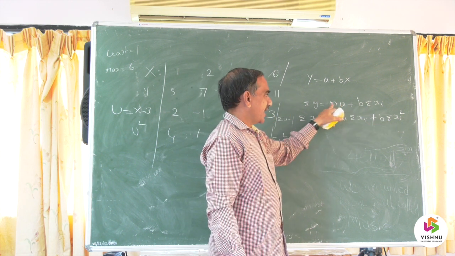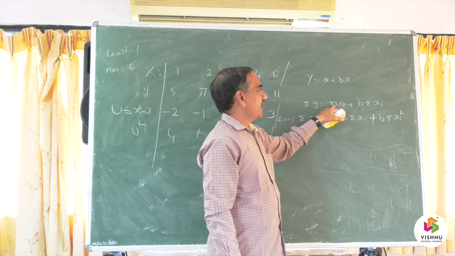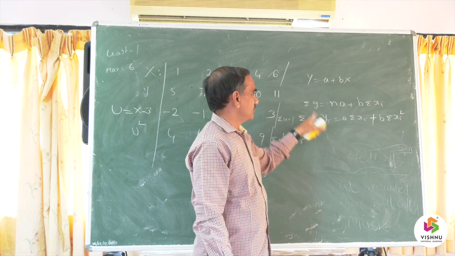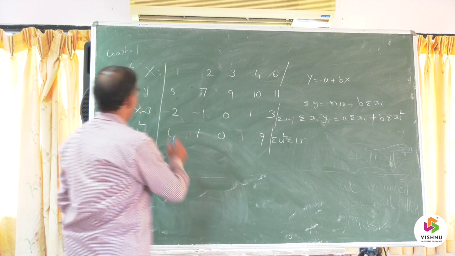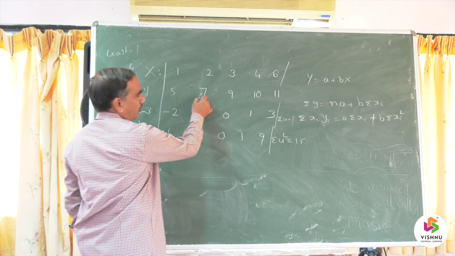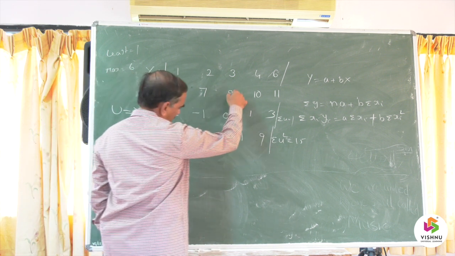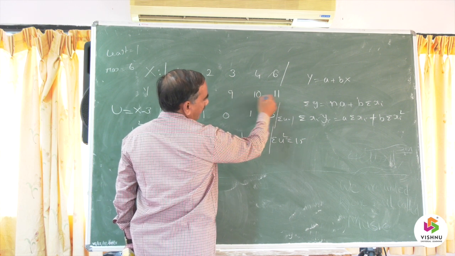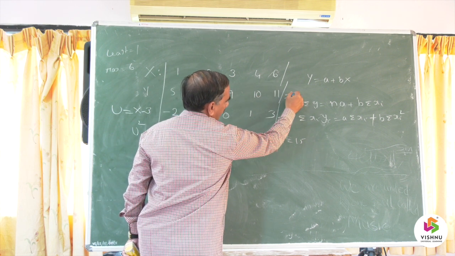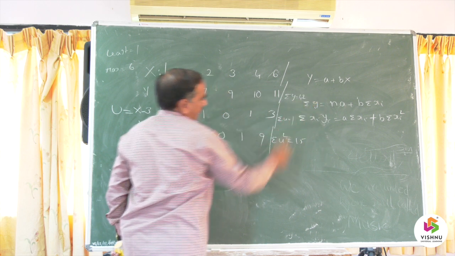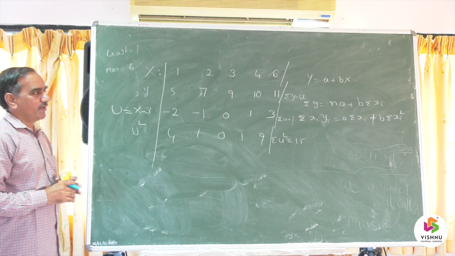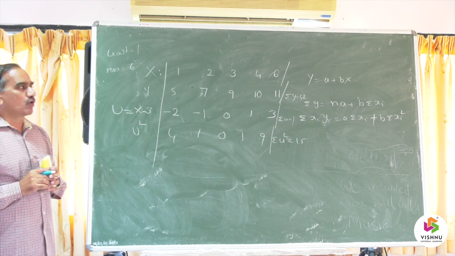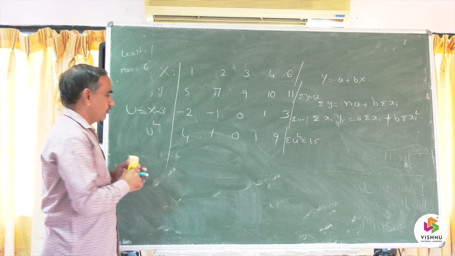Now, sigma n a is equal to constant, n is equal to the number of combinations. Here sigma y is equal to 5 plus 7, 12; 12 plus 9, 21; 31; 42. So sigma y is equal to 42. Now, substitute in the equation. The first equation starts with the total of y. Sigma y is equal to 42.